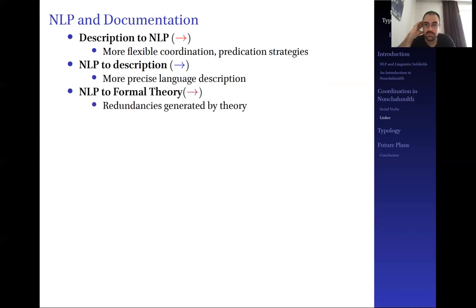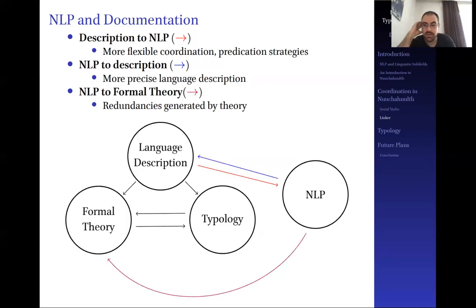And from NLP to formal theory, I was alerted to redundancies generated by the theory. I consider it to be a theoretical flaw, or maybe just a flaw in my analysis, that the linker requires two versions of itself in order to explain what is essentially the same phenomenon. So adding those arrows back into my diagram, NLP is a little more linked up with the rest of linguistic theory.